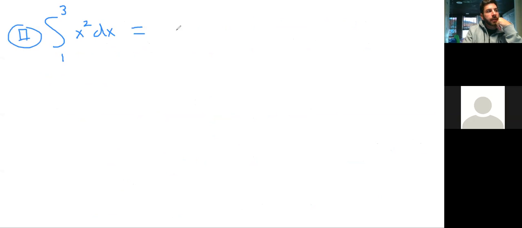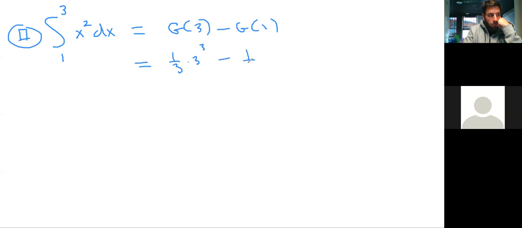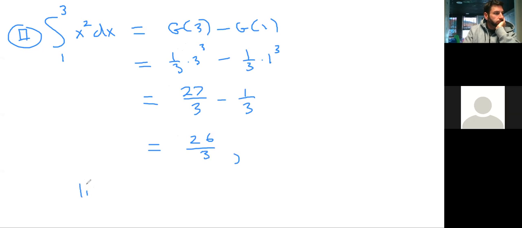So this guy would be g of 3 minus g of 1, which is 1/3 times 3 cubed minus 1/3 times 1 cubed, which is 27/3 minus 1/3, which simplifies to 26/3, like we computed last class.